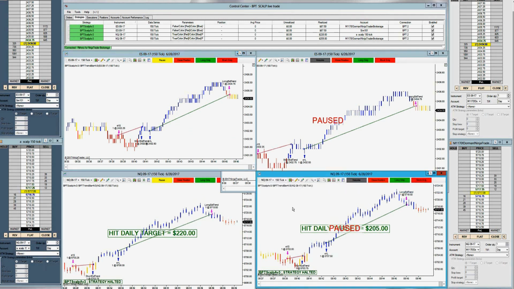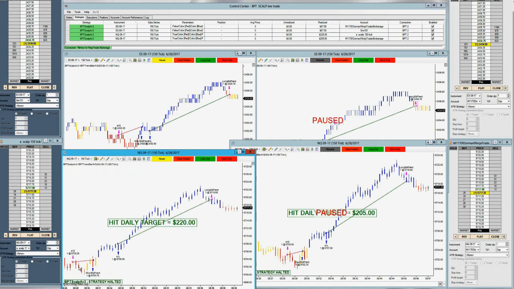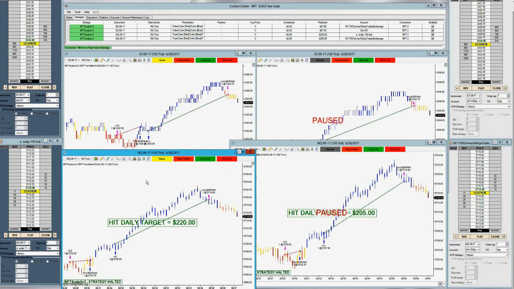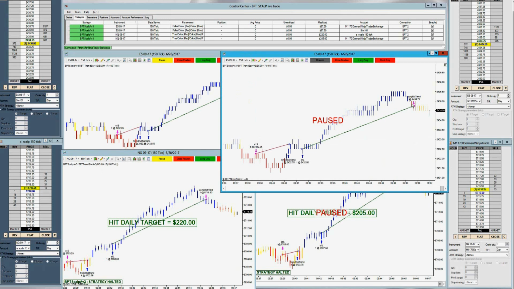And then on the second one, we have 3 ticks difference on 2 trades. So we have one losing trade and one winning trade, and you can see that on the 2 trades we had 3 ticks different, and this is not bad at all. 220 and 205, and then the ES.